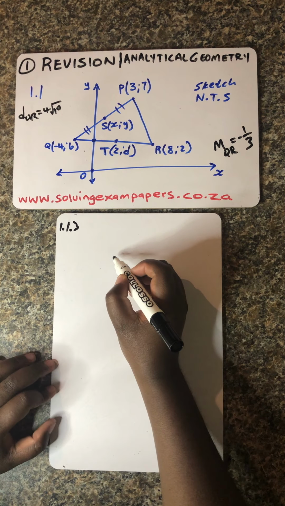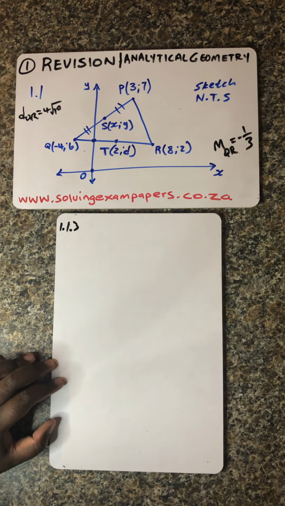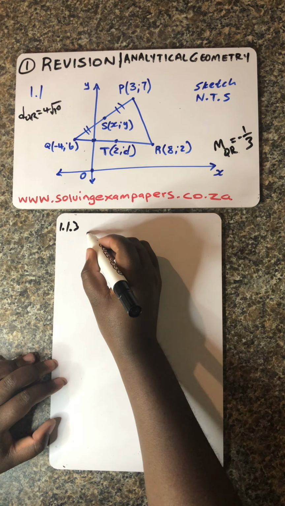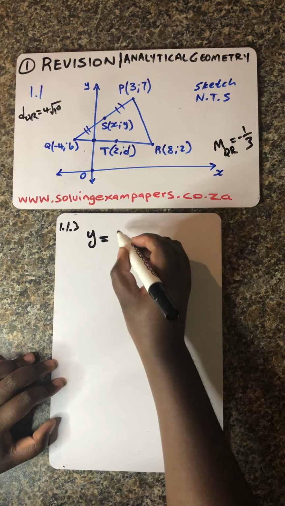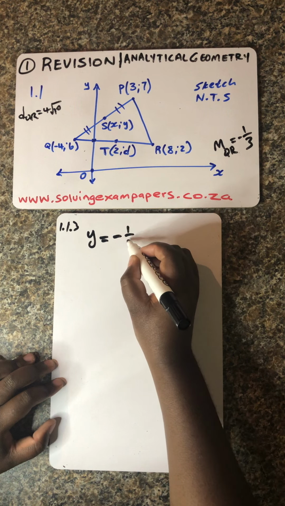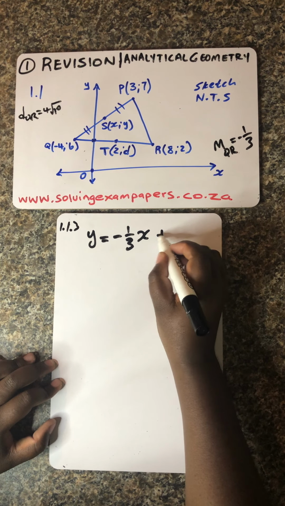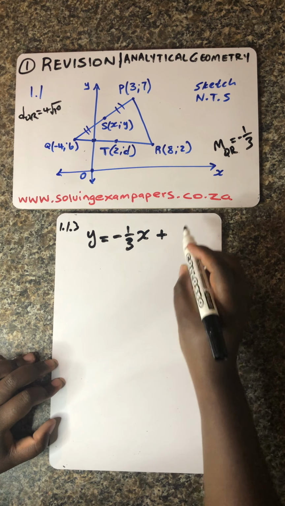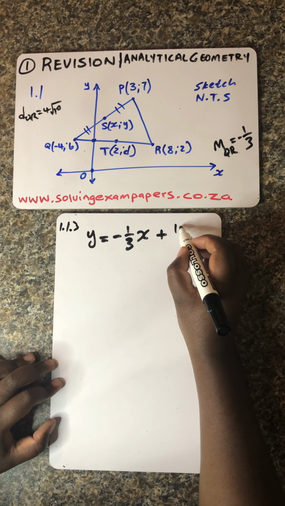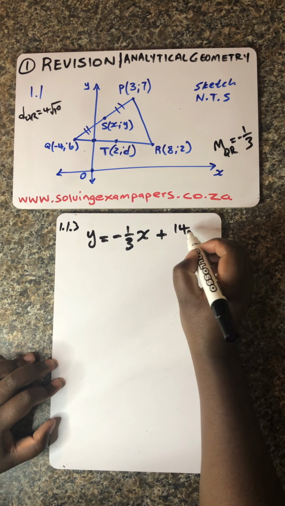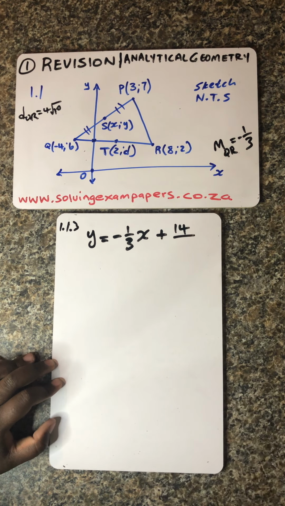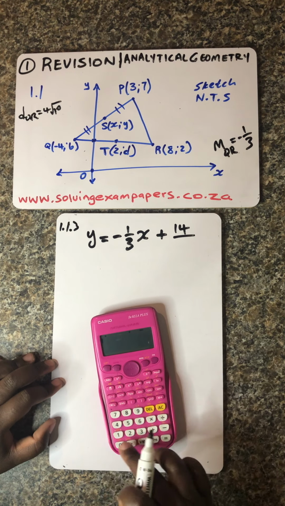Remember guys, what was the equation? Let's see. The equation was y equals -1 over 3x plus, ladies and gentlemen, what was it? Was it 14 over, let me just try to remember.